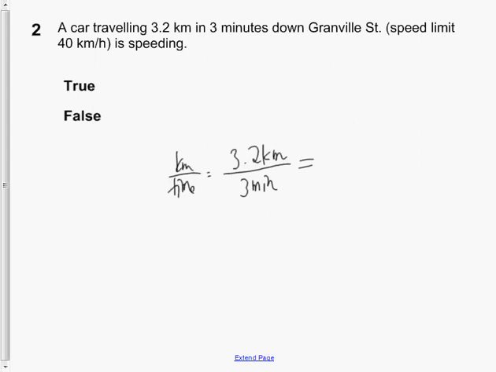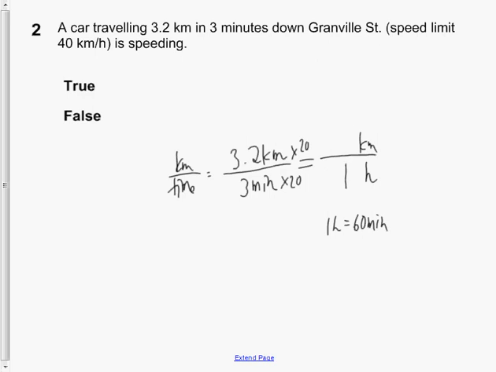So in order for us to see how long that's going to be in kilometers per hour, I have to know how many minutes there are in an hour. And most of us know that 1 hour equals 60 minutes. So if I think about this bottom term as being 60 minutes, 3 minutes multiplied by 20 will give me 60 minutes or 1 hour. And if I multiply my first term by 20 as well, I will maintain proportionality.